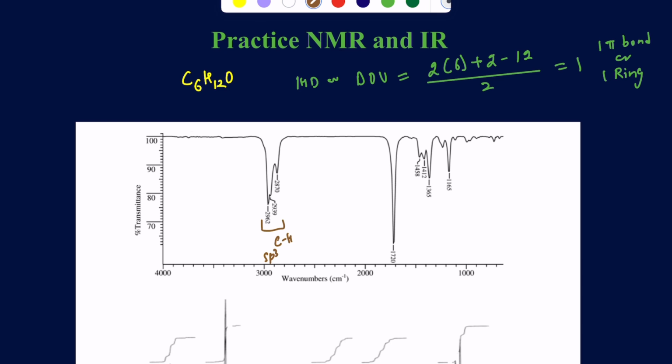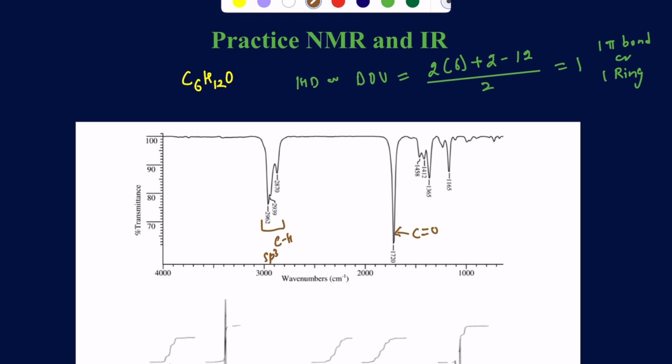Moving along to the right side, the next prominent signal I see is at 1700. That's a very intense peak, which tells you that it's going to be a carbonyl signal. I don't want to worry about anything below 1500, because it's kind of hard to decode. So I want to focus on 4000 to 1500, which is the diagnostic region.